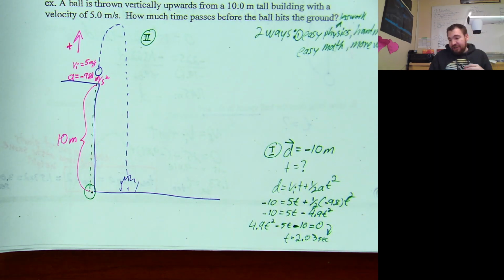So the other option is to make the math a lot easier, but not more difficult, but more work. If I start caring about what happens in the middle, there's two locations where we know some pretty important information.